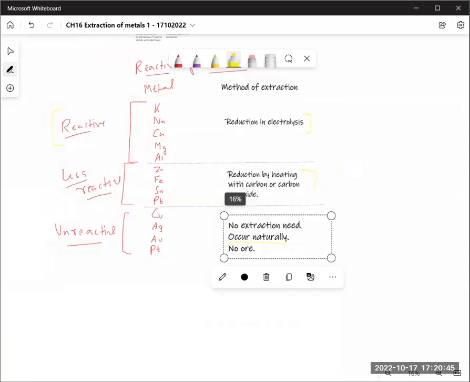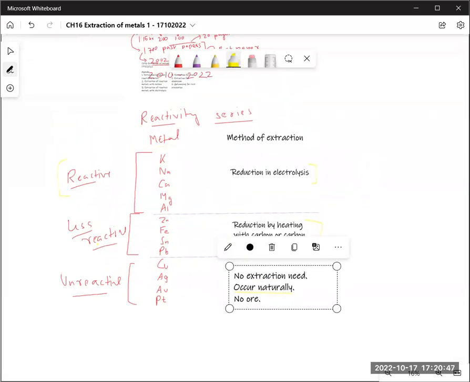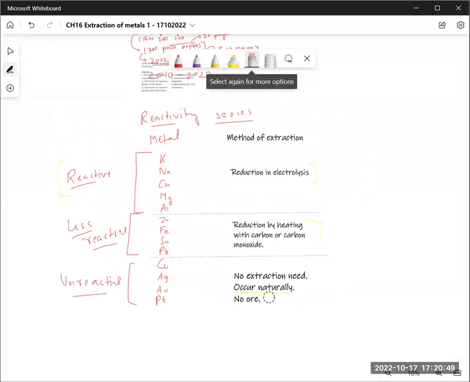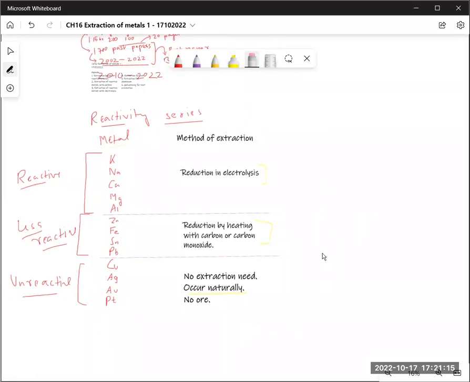So actually you have to write the whole thing: the reactive, the table, plus occur naturally over here. You don't need to write this part. Tell me when all of you are done writing. Done, sir. Zahra, finished? Yes, sir.